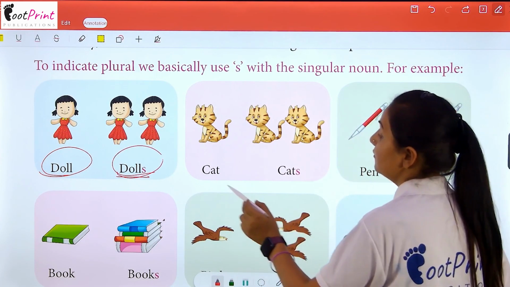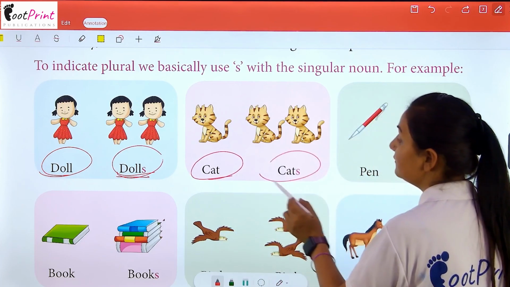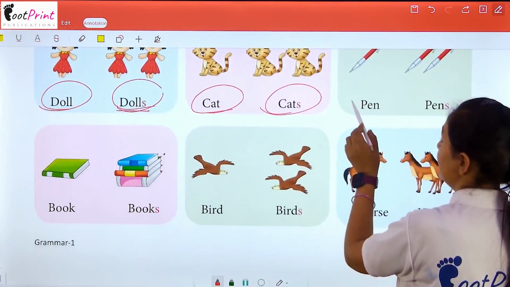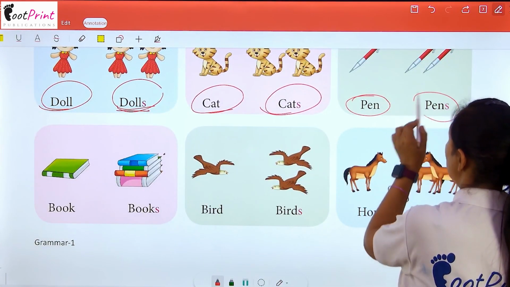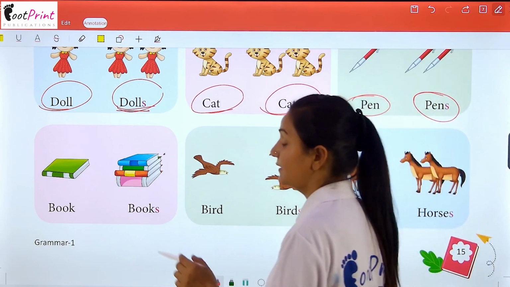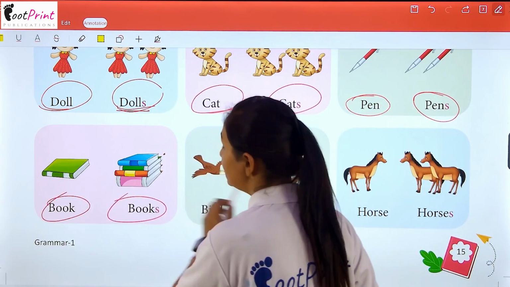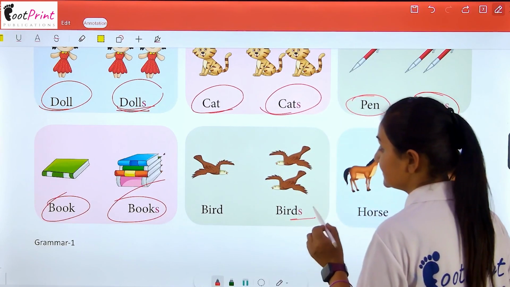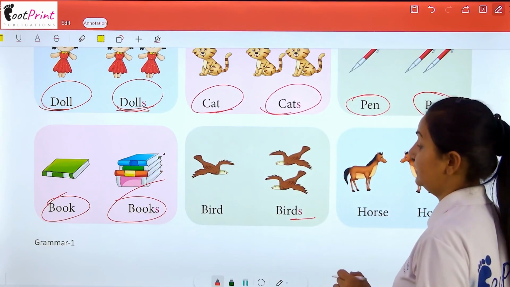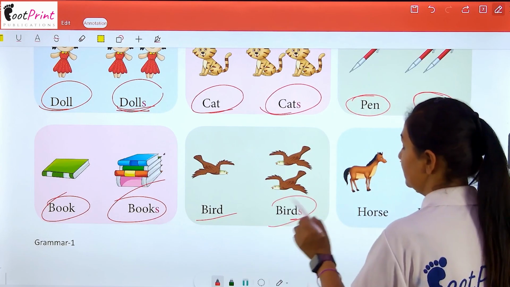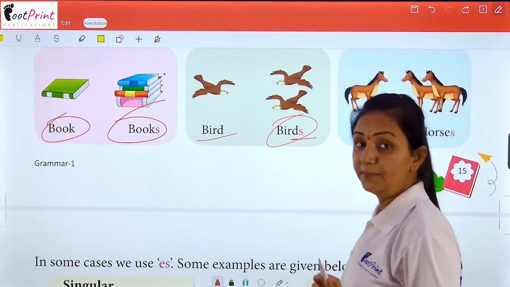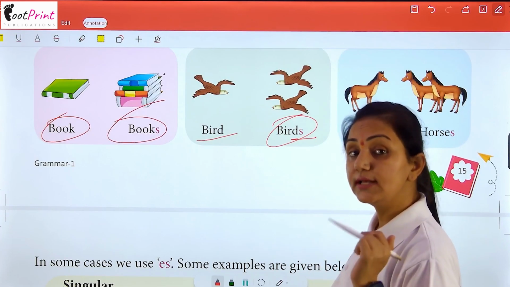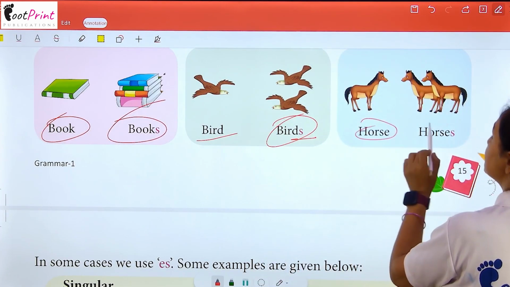In the same way, one cat will be cat, more than one will be cats. Pen, and more than one will be pens. Book, more than one will be books. Simply we will just write S at the end of that spelling. Word, words. Spelling will be the same, but at the end you will put S. Horse, horses.